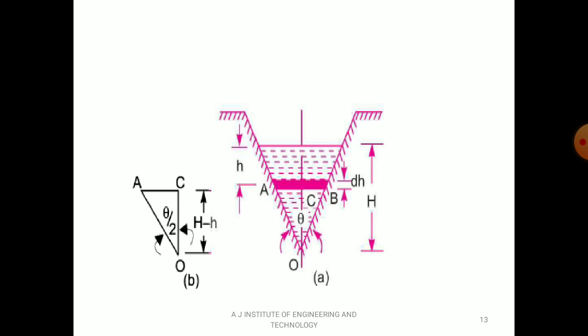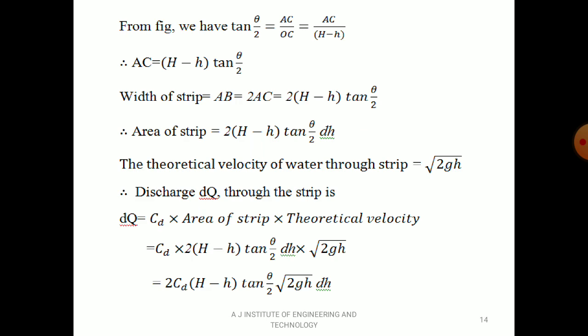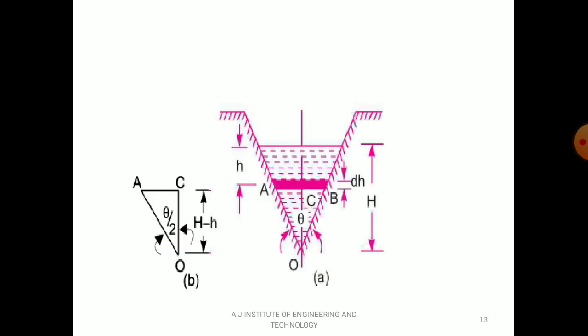From the figure, we can apply tan theta by 2. For the triangle AOC, you can see from the diagram, tan theta by 2 is opposite by adjacent. What is opposite for theta by 2? It is AC, and the adjacent is OC. So what is OC? Just see the diagram.